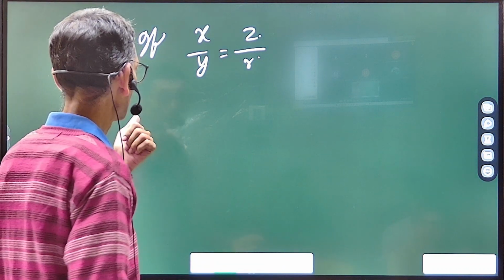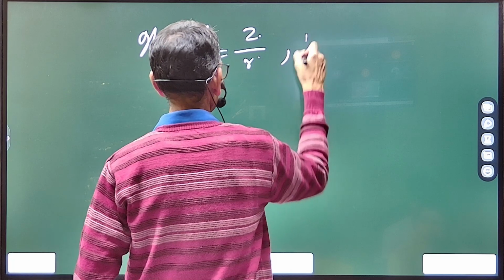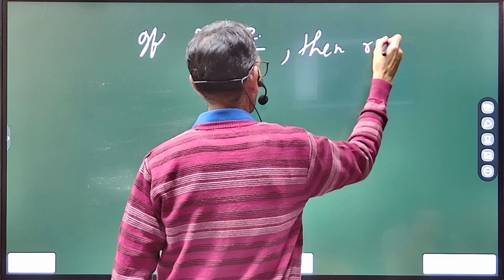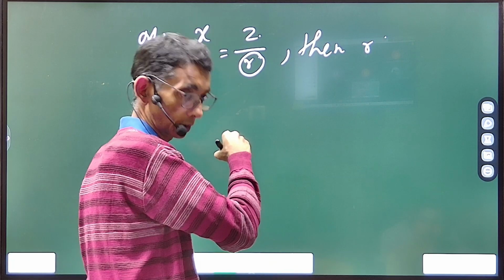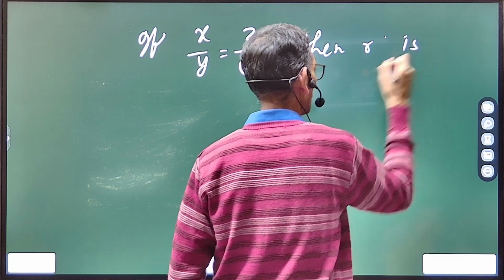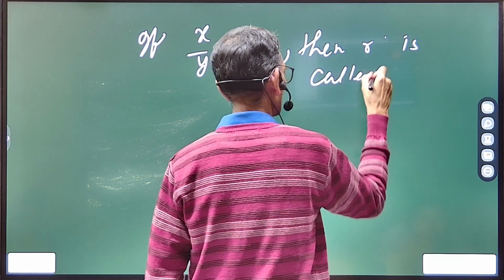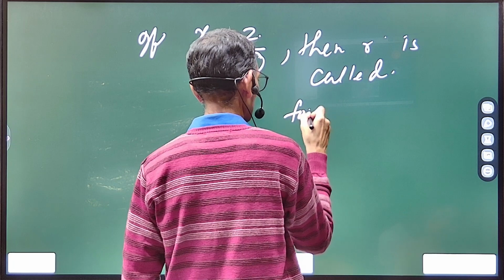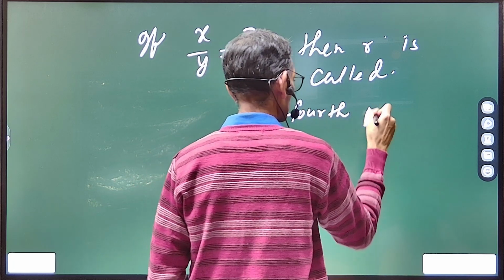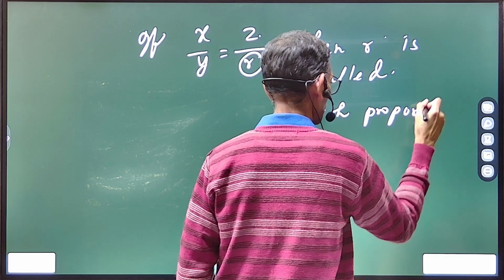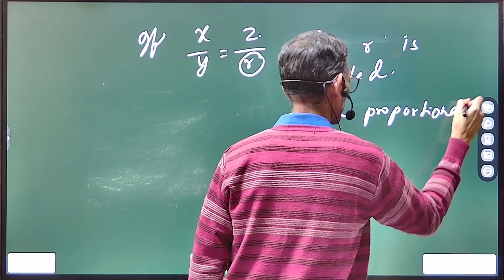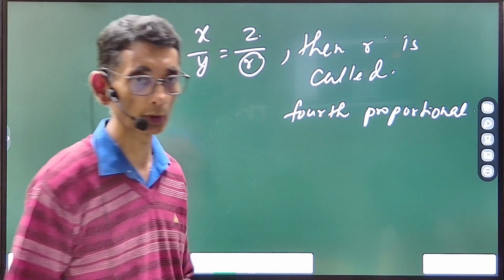If X by Y is equal to Z by R, then R, the last number, is called the fourth proportional.